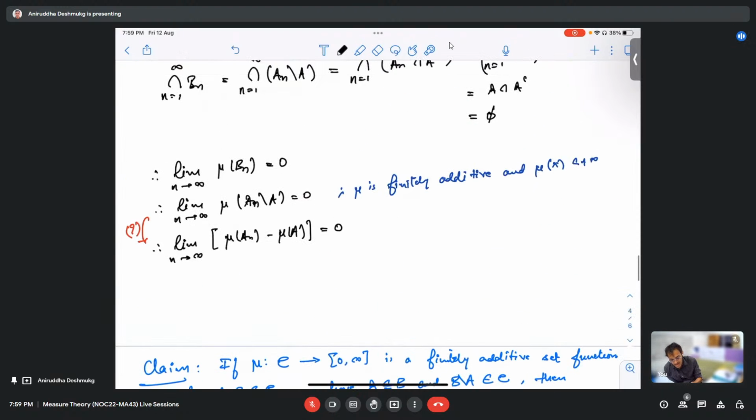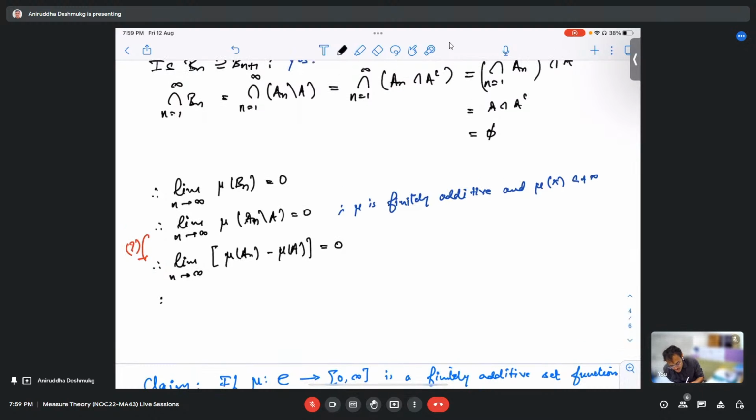So using this claim, I can write mu of A_n difference A as mu of A_n minus mu of A. Now this limit is 0. Therefore, limit n going to infinity of mu of A_n is equal to mu of A. But what was my A? A was the intersection of A_n.